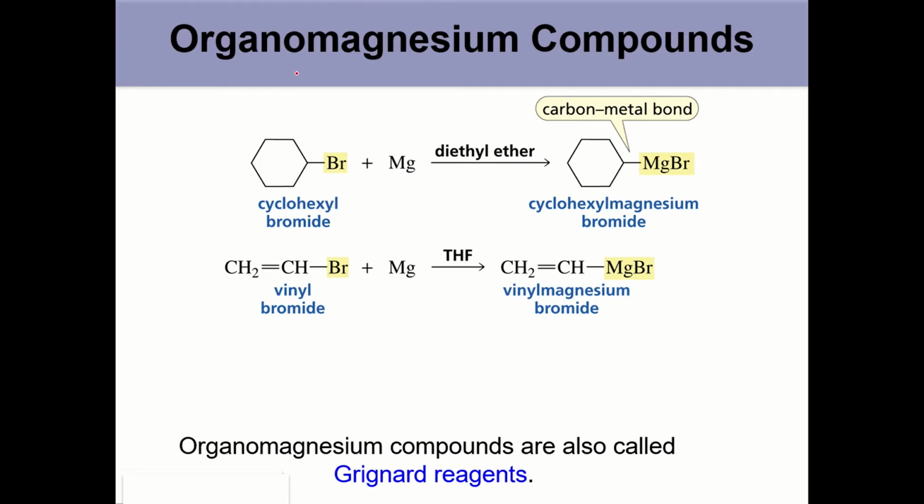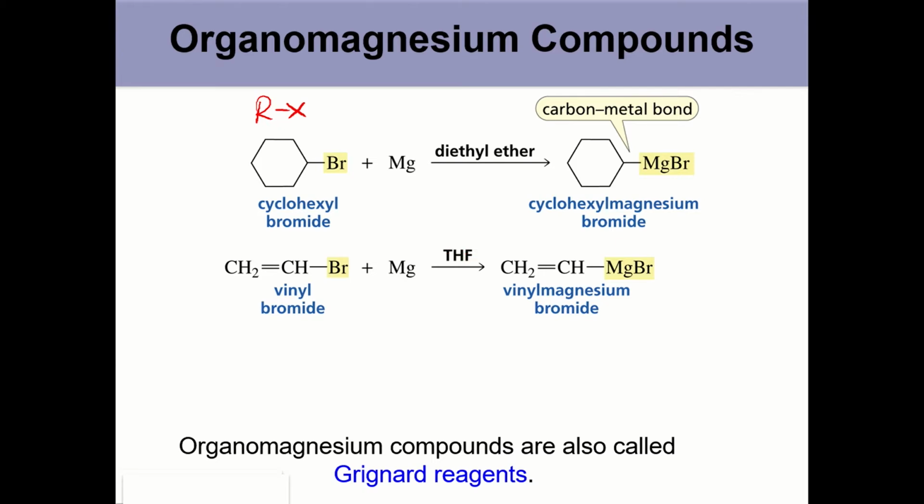How we prepare organomagnesium is by reacting magnesium. Again, we can have alkyl halide or even double bonded alkyl groups or vinylic compounds. In this preparation of organomagnesium compounds, as solvents we use either diethyl ether or THF.